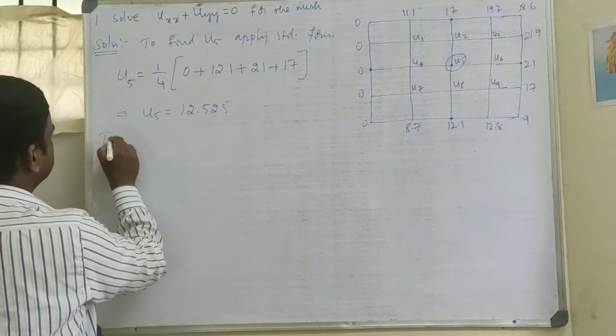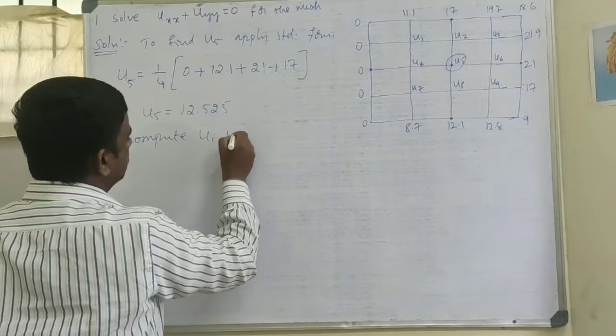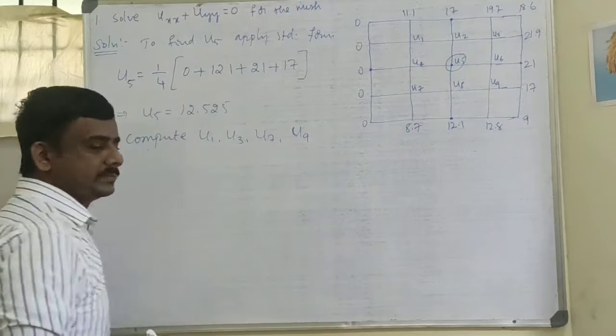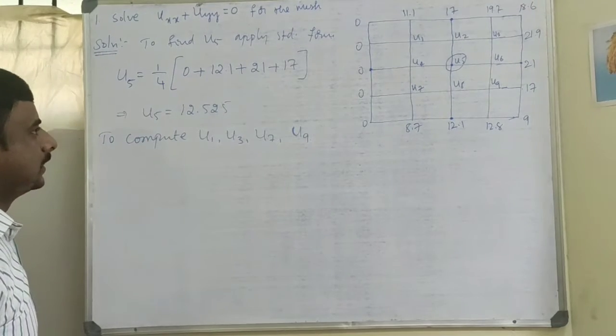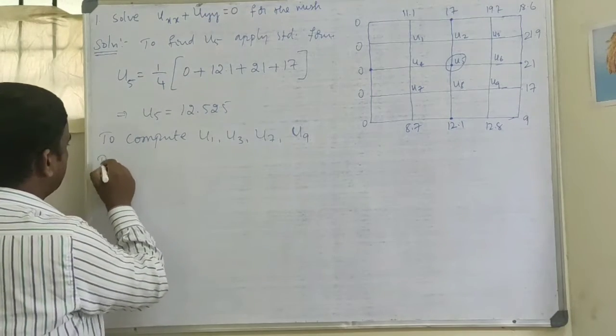To compute u1, u3, u7, u9, we have to use the diagonal formula.